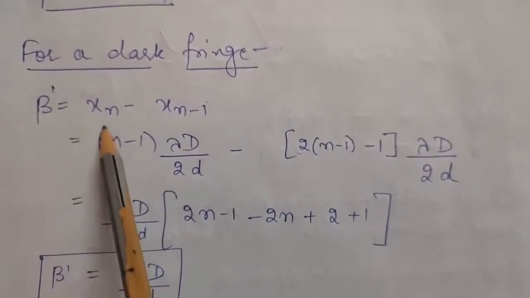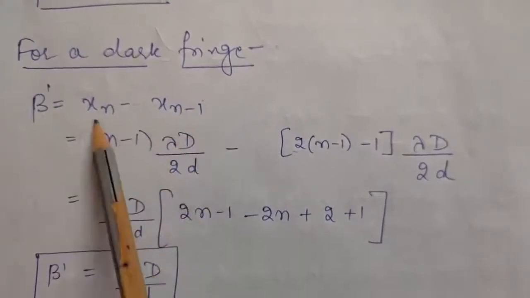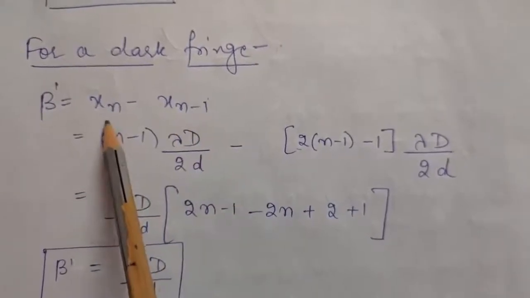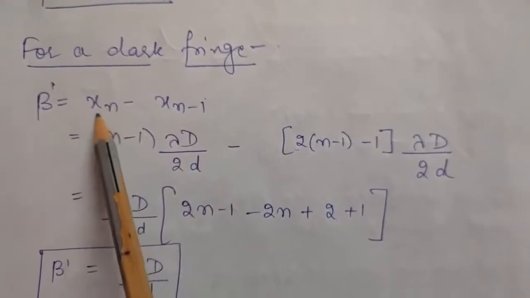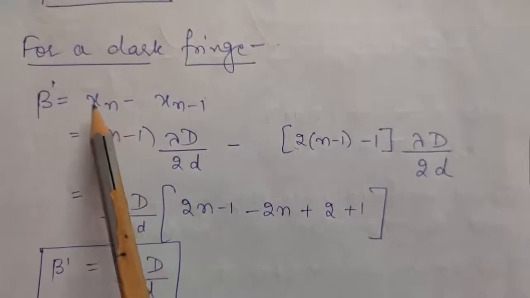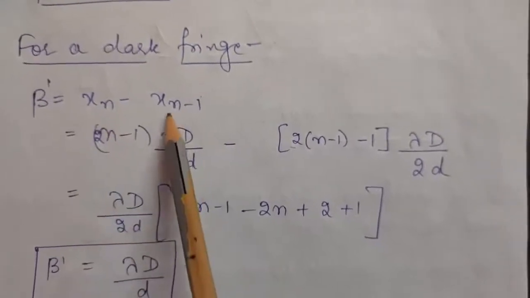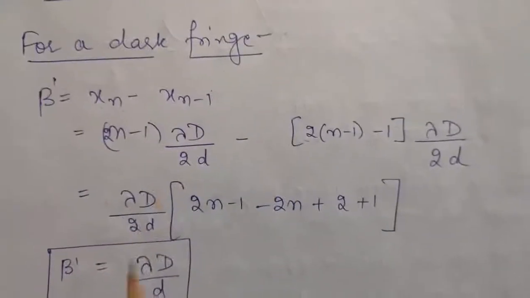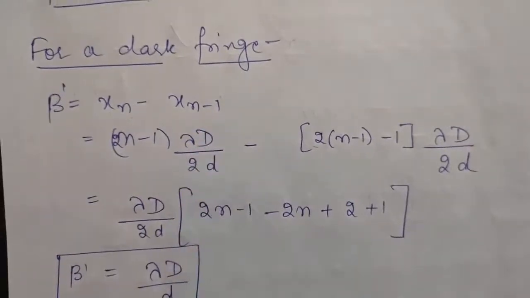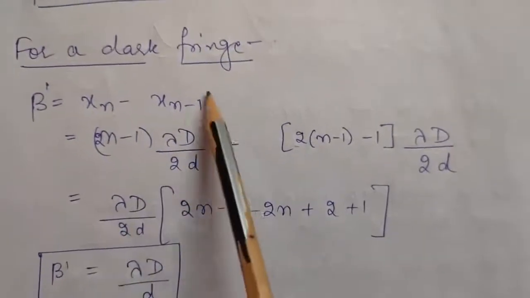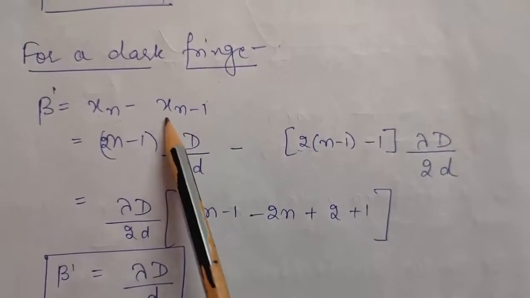This will be equal to xn minus x(n-1), same as we did before. Here xn is the distance of the nth dark fringe from the central maxima, and x(n-1) is the distance of the (n-1)th dark fringe from the central maxima.